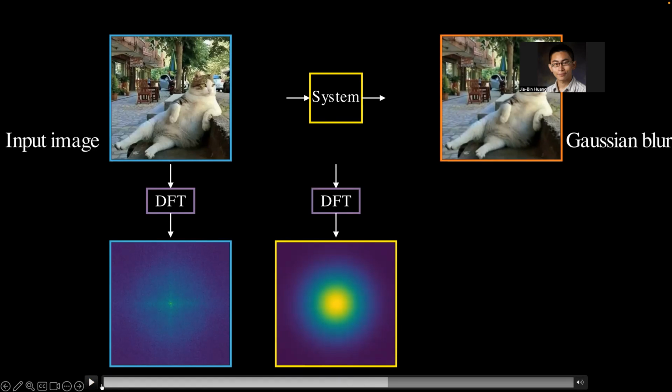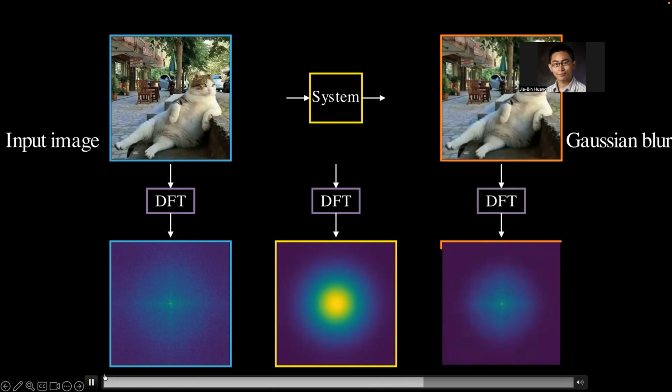Once you multiply these two, the output is just going to be this guy. All right, so it's actually removing the high frequency information from the input image.